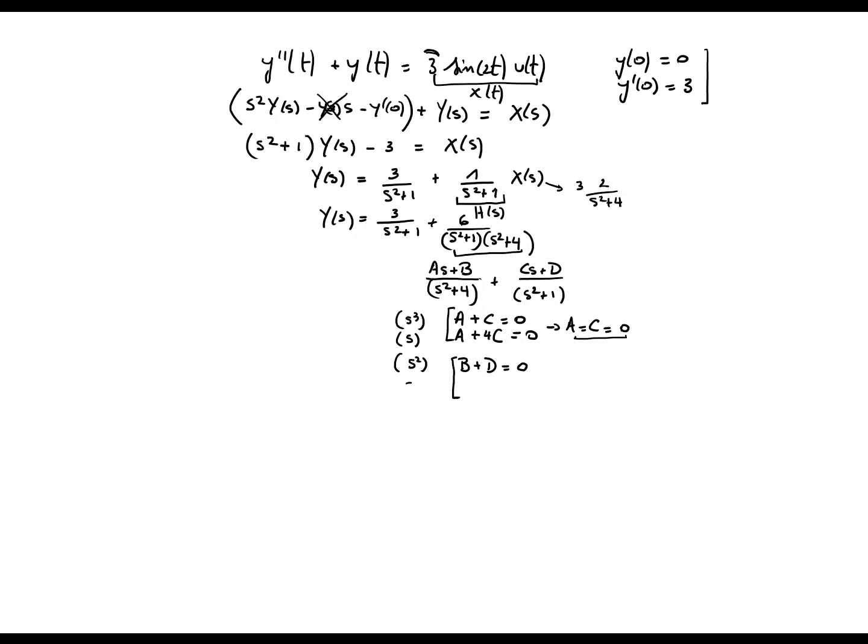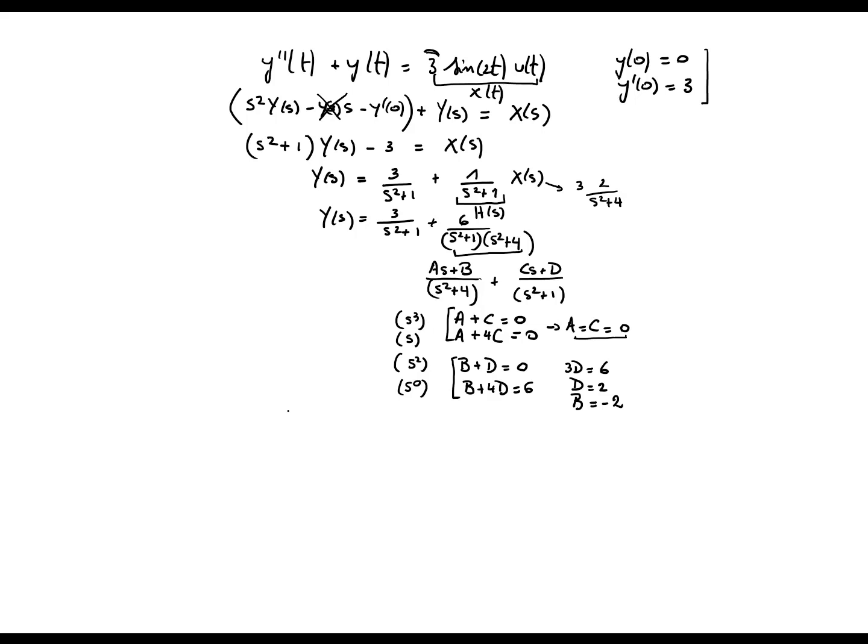And then we have to consider independent terms in s to the 0, and what we see here is b and we have 4d, and this is equal to 6 now, because we see indeed an independent term. So if you subtract the first equation from the second, we obtain 3d is equal to 6, so d is equal to 2. From this equation we see that b is equal to minus 2.